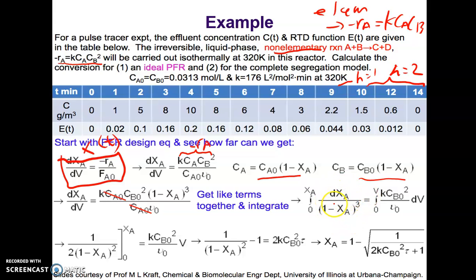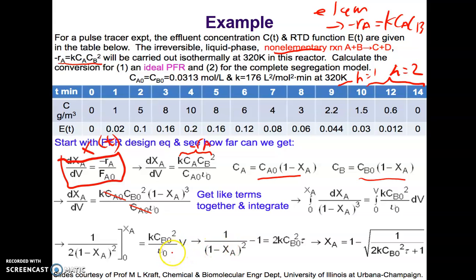XA over (1 minus XA) to the power of 3. So you integrate. I hope that you will do the derivation again by yourself, so that you will understand more. So you solve the integration. You know how to solve the integration. There is an appendix in your book that states how to solve this kind of equation. Maybe those who are good at mathematics can solve this easily, right?